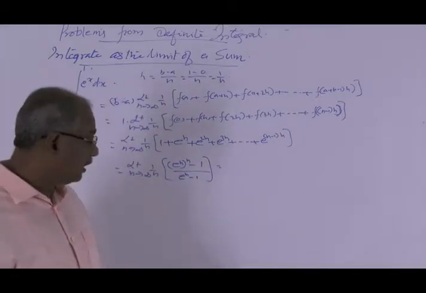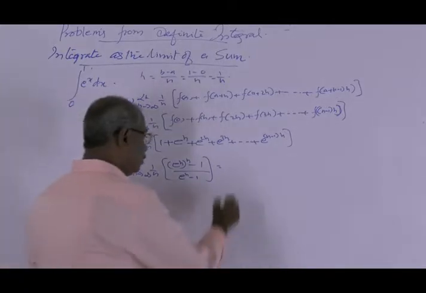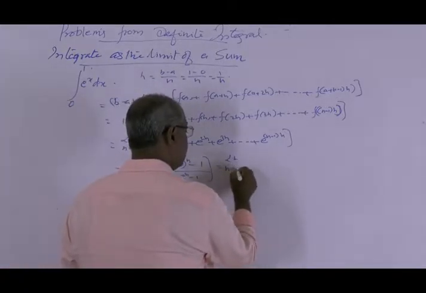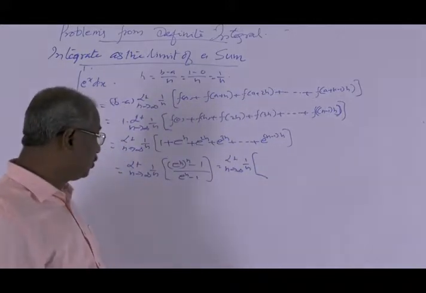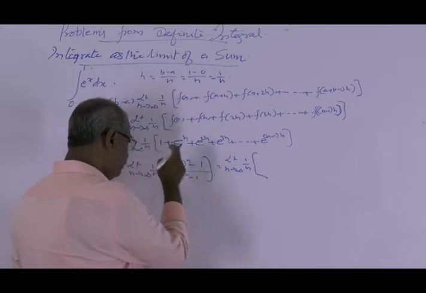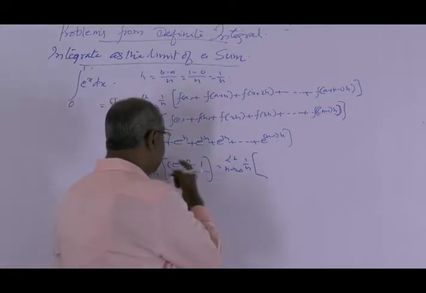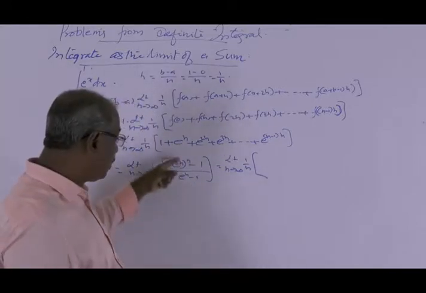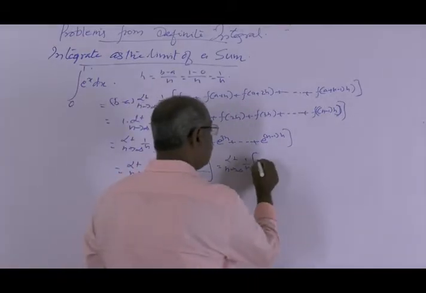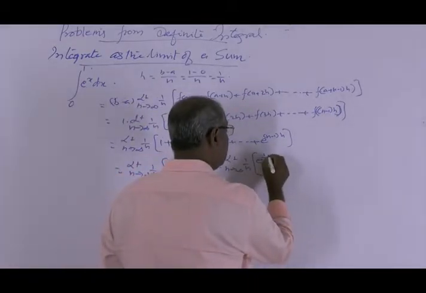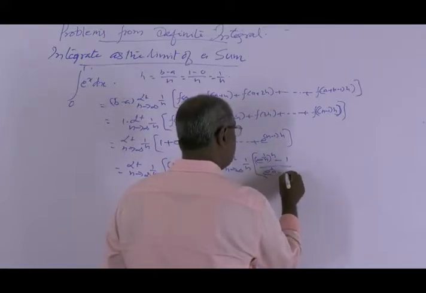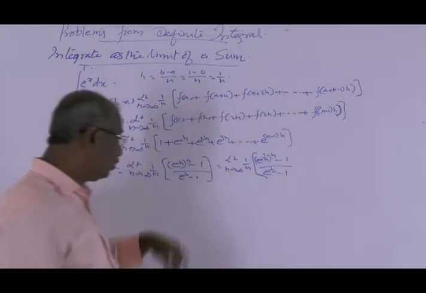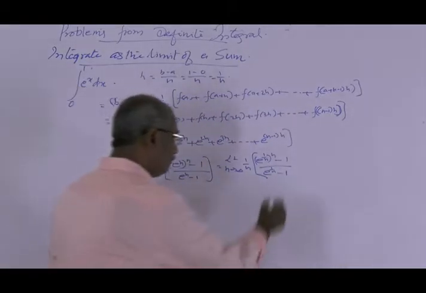So this is equal to limit n tends to infinity 1 by n into (e raised to h whole raised to n minus 1) by (e raised to h minus 1). Since h is equal to 1 by n, this is (e raised to 1 by n whole raised to n minus 1) by (e raised to 1 by n minus 1).